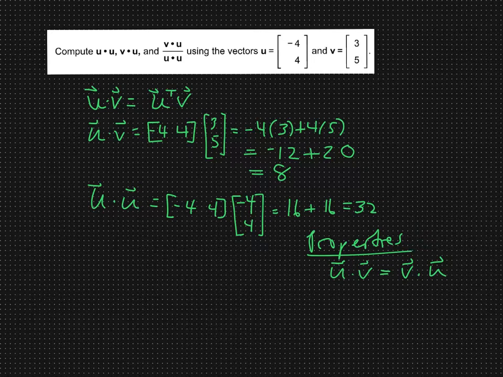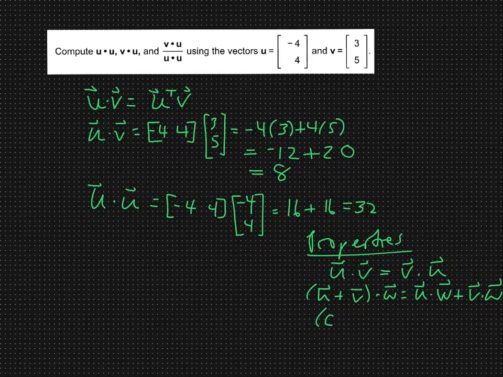It is distributive over addition: if you add two vectors, u plus v, and then find the inner product with another vector w, you get the same thing as taking u dot w and adding v dot w. That's our basic distribution property.